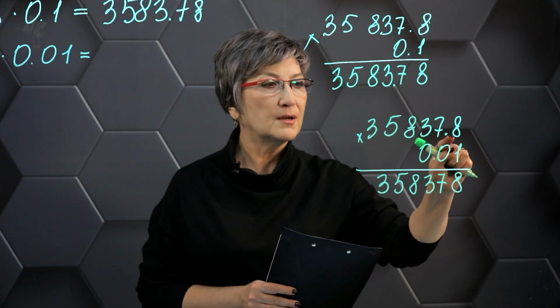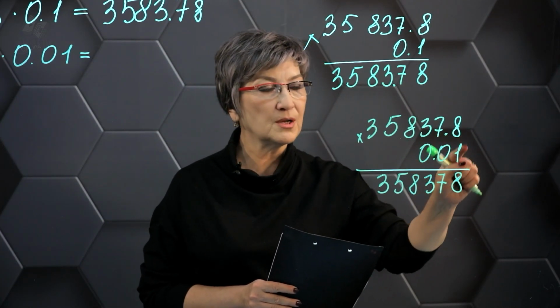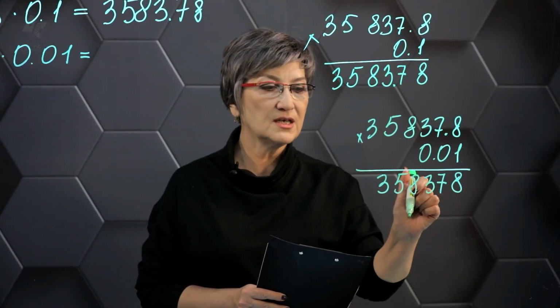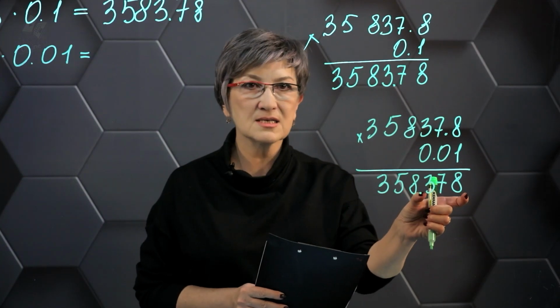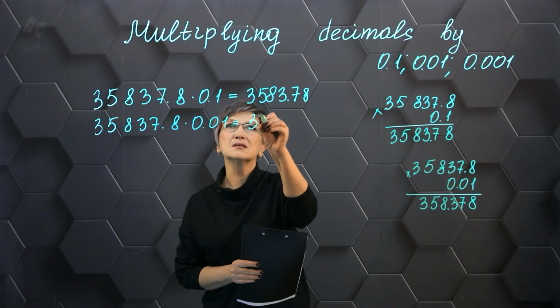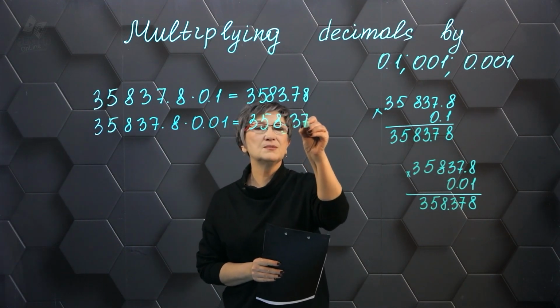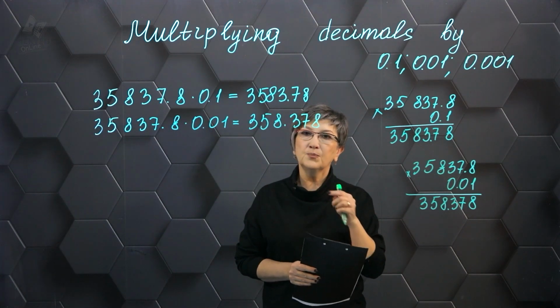So, we count one sign and here is 1, 2 signs. So I have a total of 3 digits after the decimal point. So in my answer, I have to separate these 3 digits. Write down the answer. It turns out 358.378 thousandths.